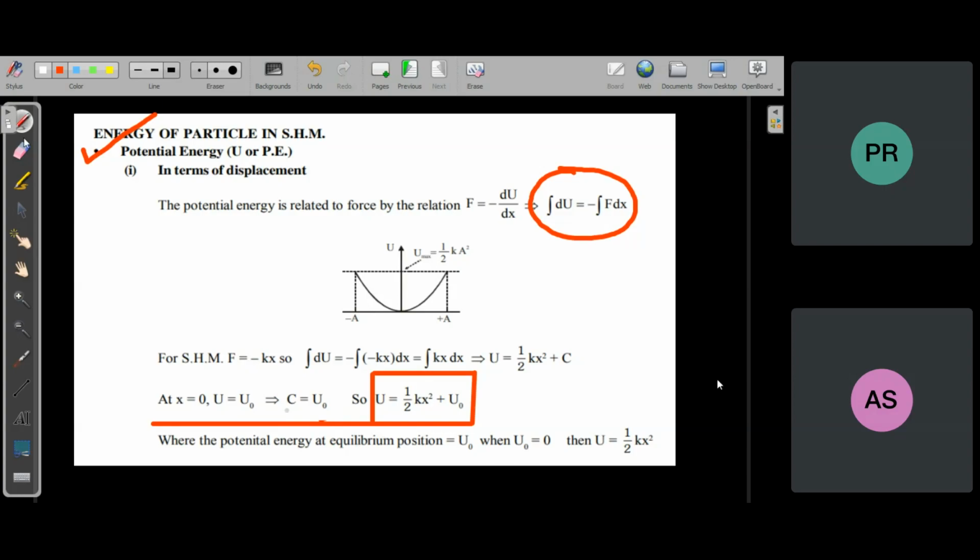Otherwise, nowhere is it written that potential energy will always be zero at mean position. It will always be minimum. See here, it is written that only when potential energy is zero at the mean position can you say this is correct.